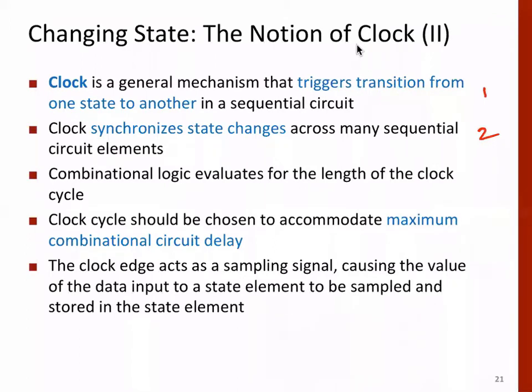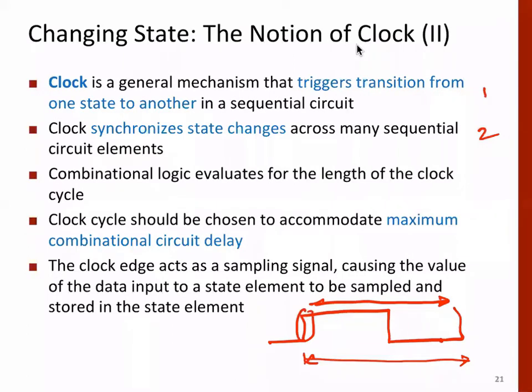And the combinational logic evaluates within the length of the clock. So this is the one cycle time. The state change has happened here, and whatever time is available in this period, the combinational circuit must do its job. Whether the combinational circuit can do its job depends on the length, or the period, because a combinational circuit also has some delays.